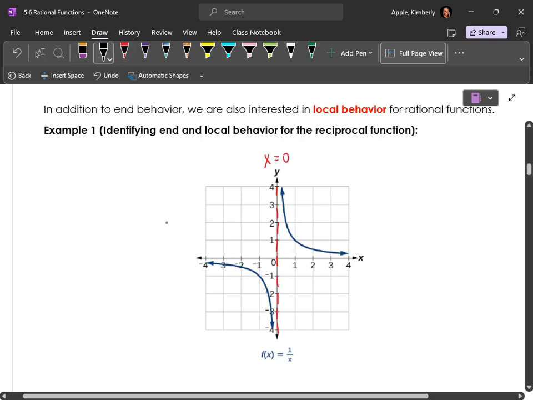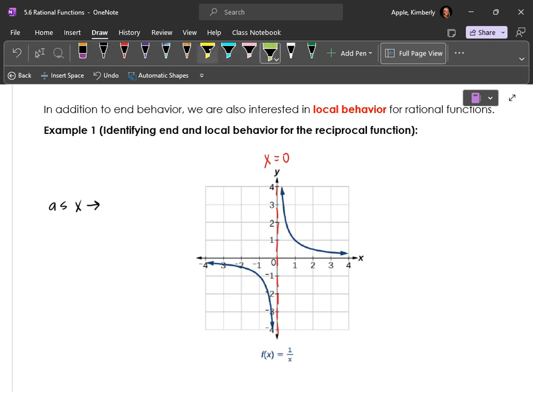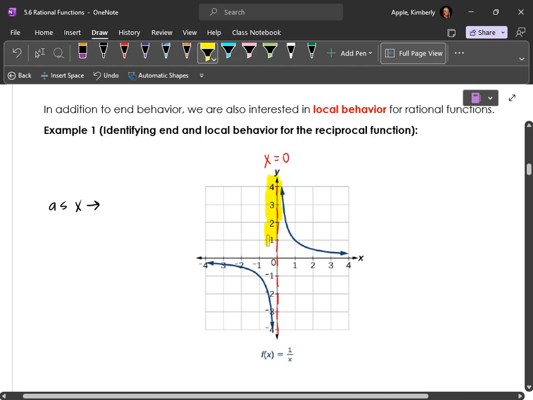Since we're not on the left-hand and right-hand side of the graph, we need to really hone in on what the x value is approaching. We're still going to have x approaches a value, but we're talking about the local behavior, which is what is happening around this region of the vertical asymptote.